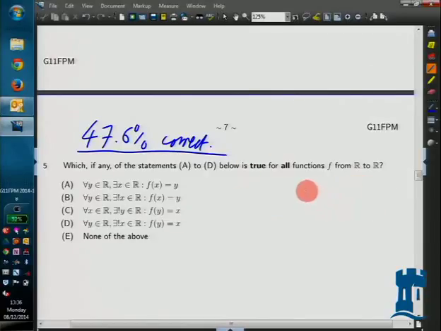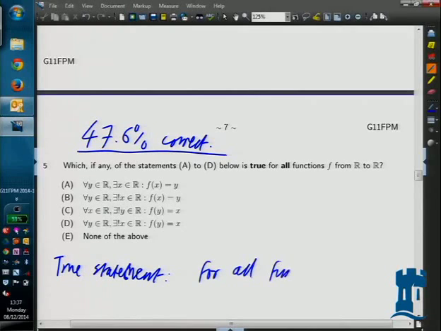So let's see what's going on. Which of them is true for all functions? Well, what's true for all functions is that for every element of the domain, there's a unique element of the codomain which is equal to its function value. Okay? So if I do that in words, the true statement for all functions f from R to R, we have the following.